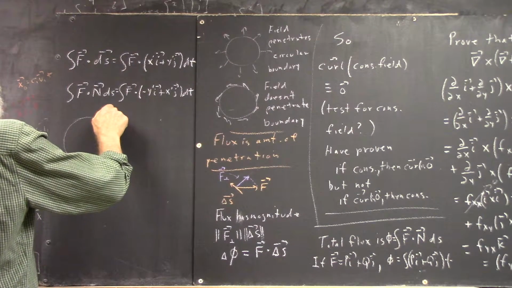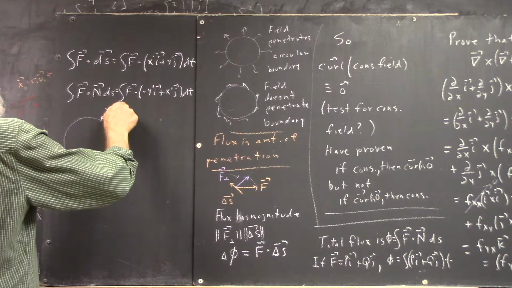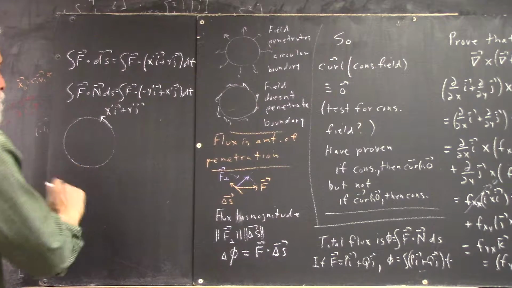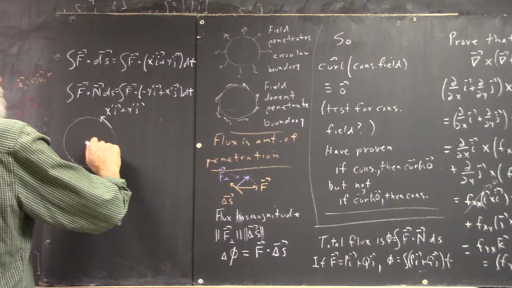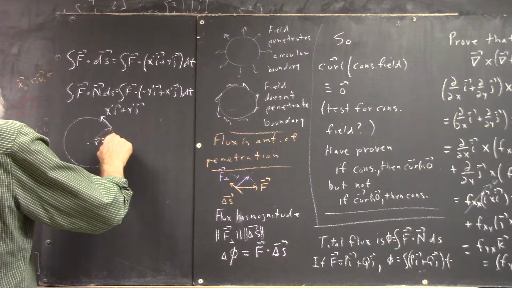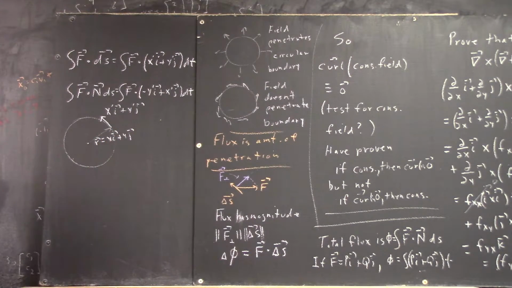And here is like your x prime i plus y prime j. Here's your r vector, your x i plus y j in this case, okay? And this is just for a circle, but we use this for an example. Okay?